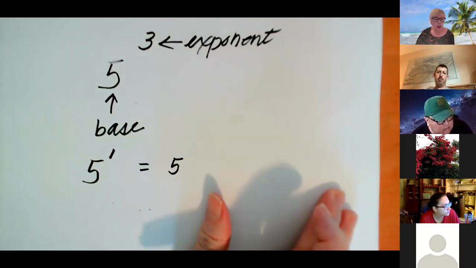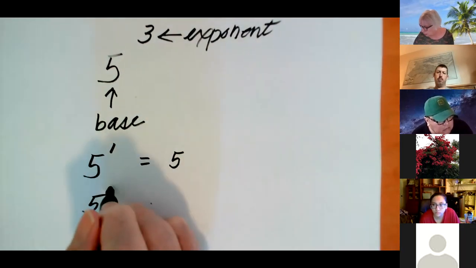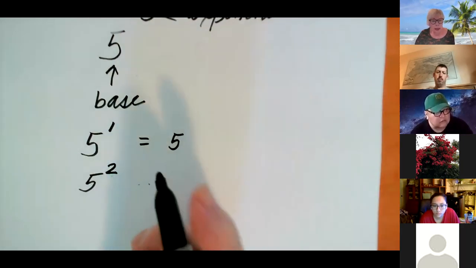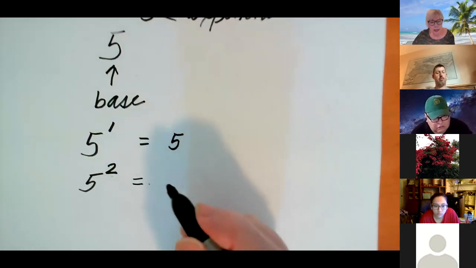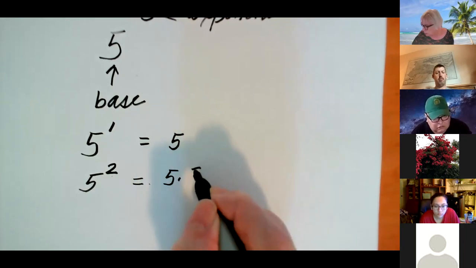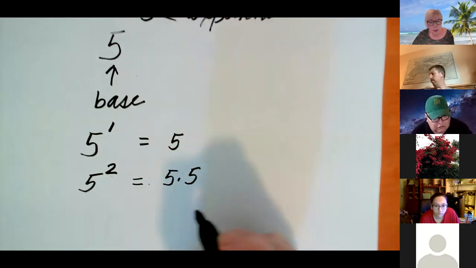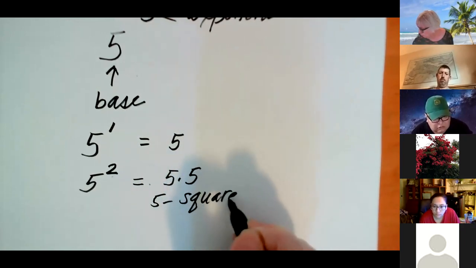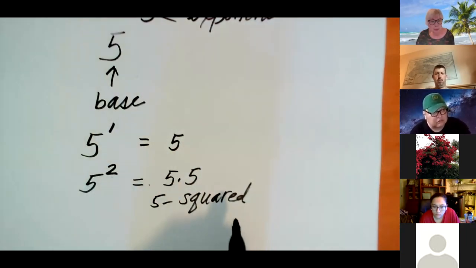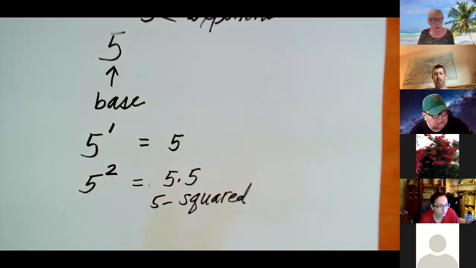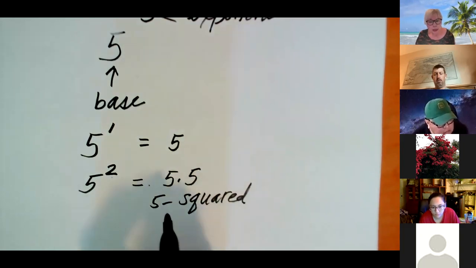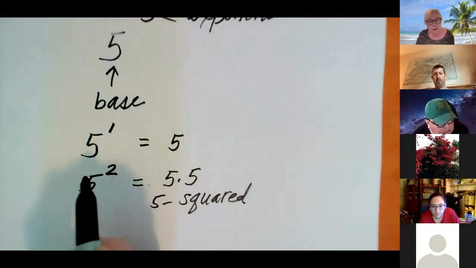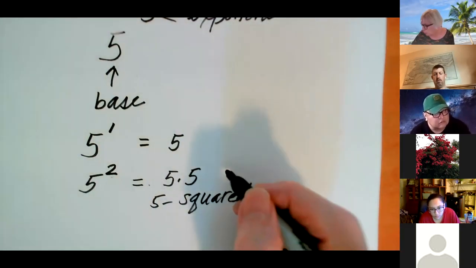And so the result would be 5. 5 to the second power can also be said as 5 times 5, but we also sometimes call it 5 squared. So the second power is called squared, 5 squared. And so we'll see that with square units, like square feet, square yards and such. So we say 5 squared or 5 to the second power. And of course, this then would be 25.